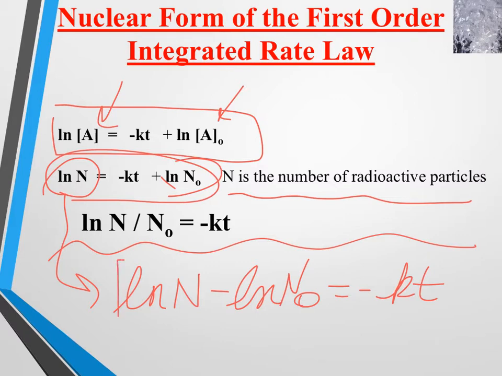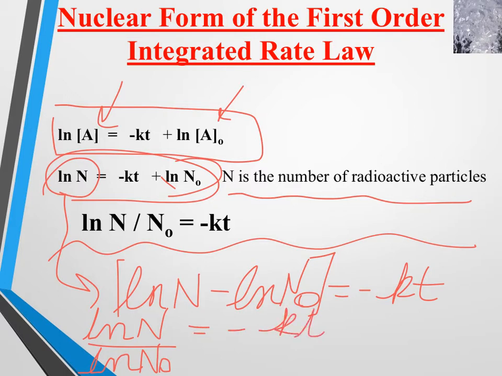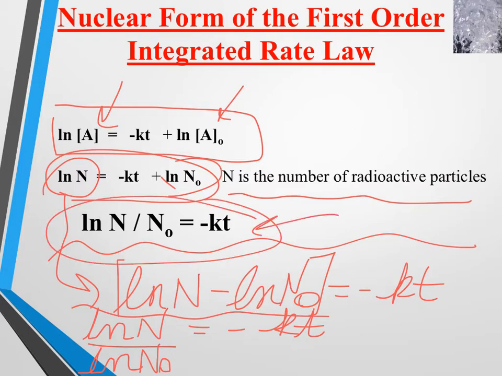With logarithms, if you subtract one logarithm from another, you can rearrange it as this. They are equivalent in logarithms. And that is the favored form of the first order rate law when you're doing calculations for radioactive decays.